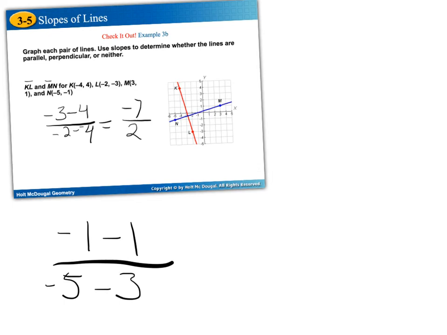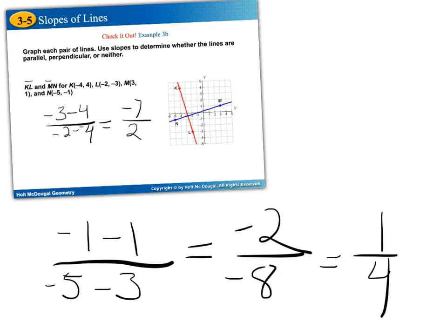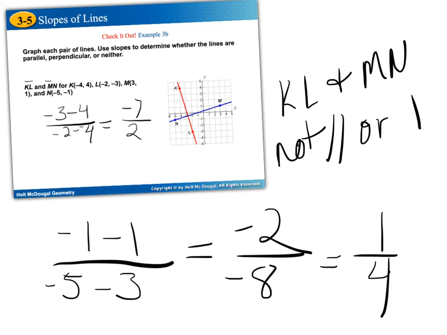All right, -1 minus 1 gives us -2. -5 minus 3 gives us -8. This reduces to 1 over 4. 1 over 4 is not the opposite reciprocal of -7 over 2. So lines KL and MN are not parallel or perpendicular. So they're neither.